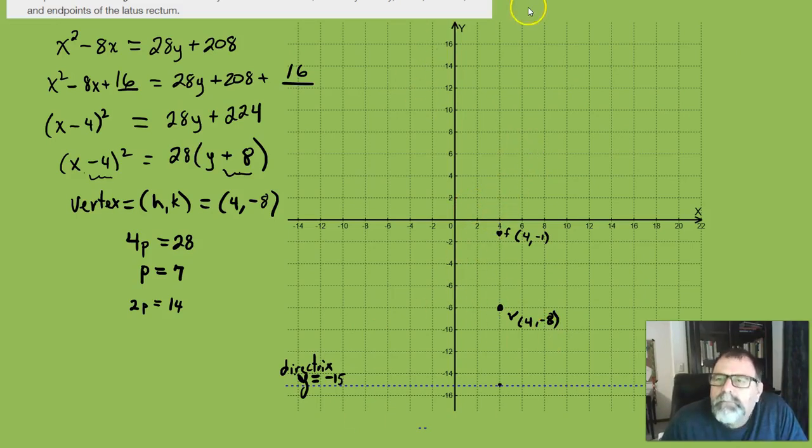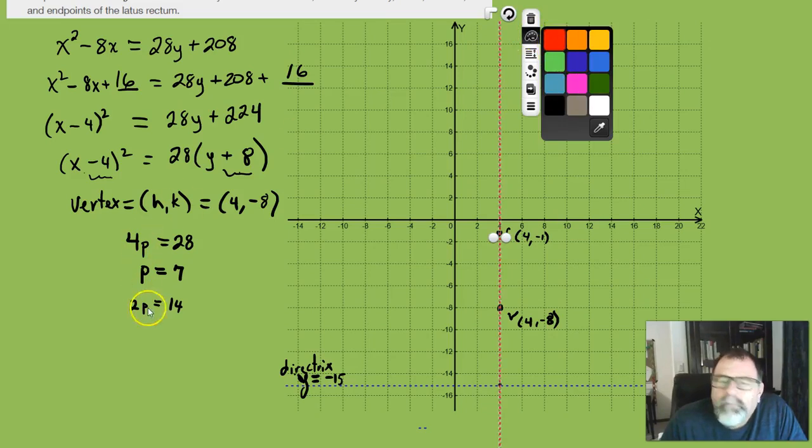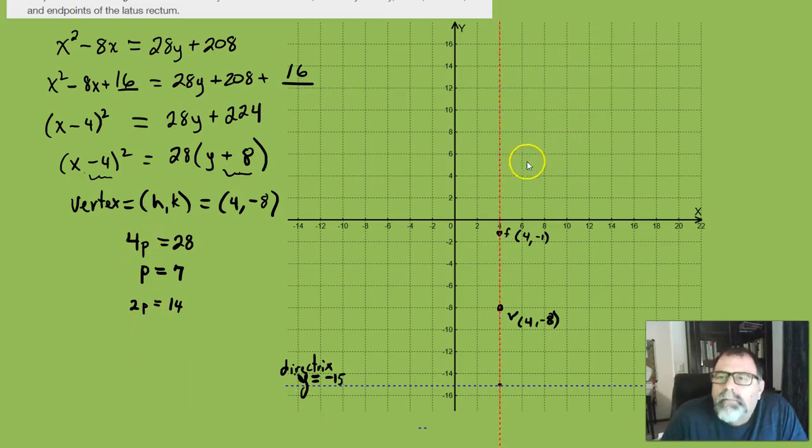Oops, let me try that again. X symmetry. Let me change that one to red. That's our x symmetry. This is x equals because it's going through the x-axis. That's kind of how I remember it. Sometimes I forget, like in the last problem.